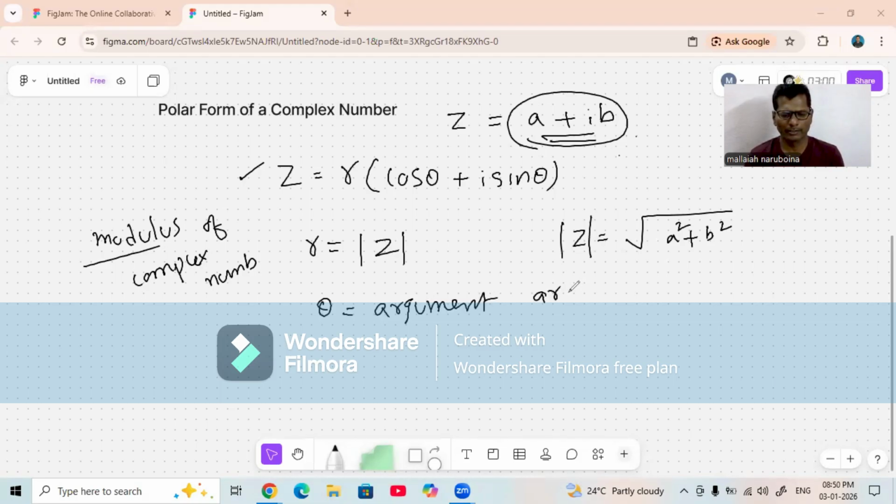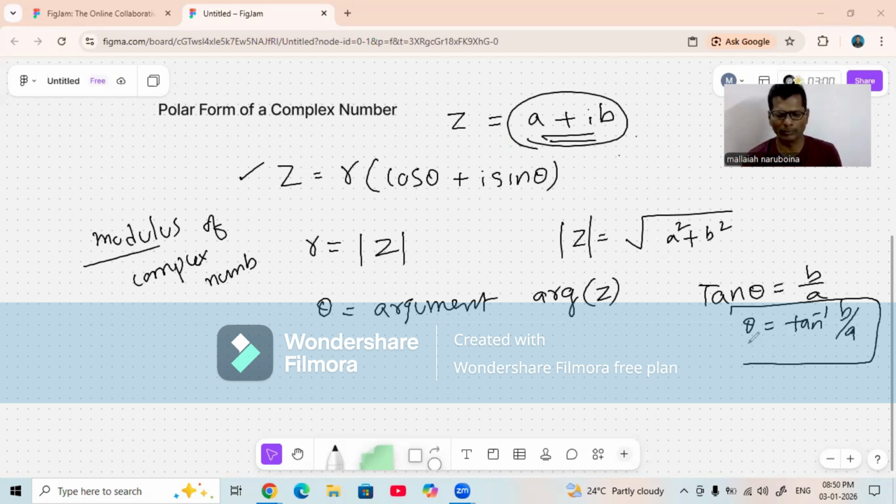Simply we write arg of z, argument of z. I told you tan theta is equal to b by a. From this, theta is equal to tan inverse b by a. This theta is the argument. Argument means theta value.